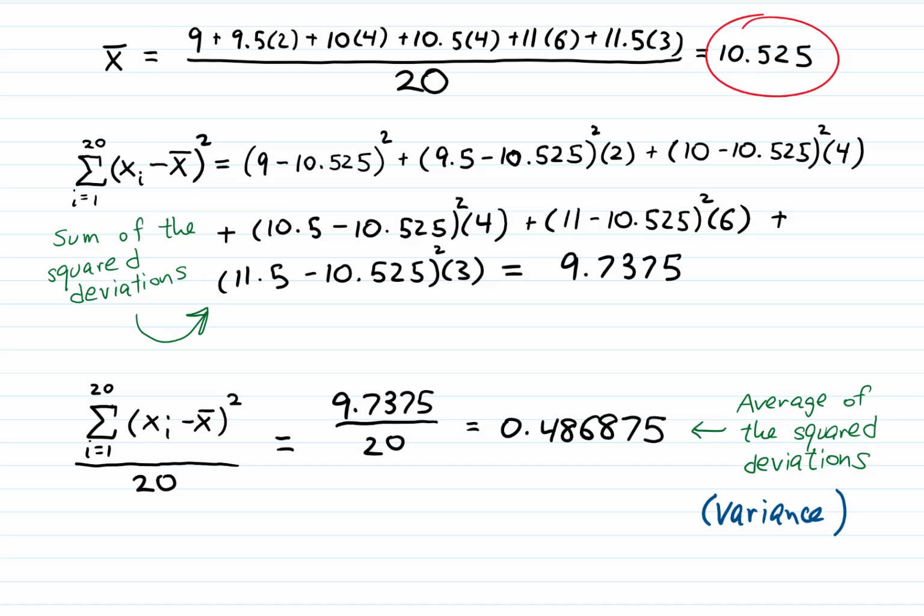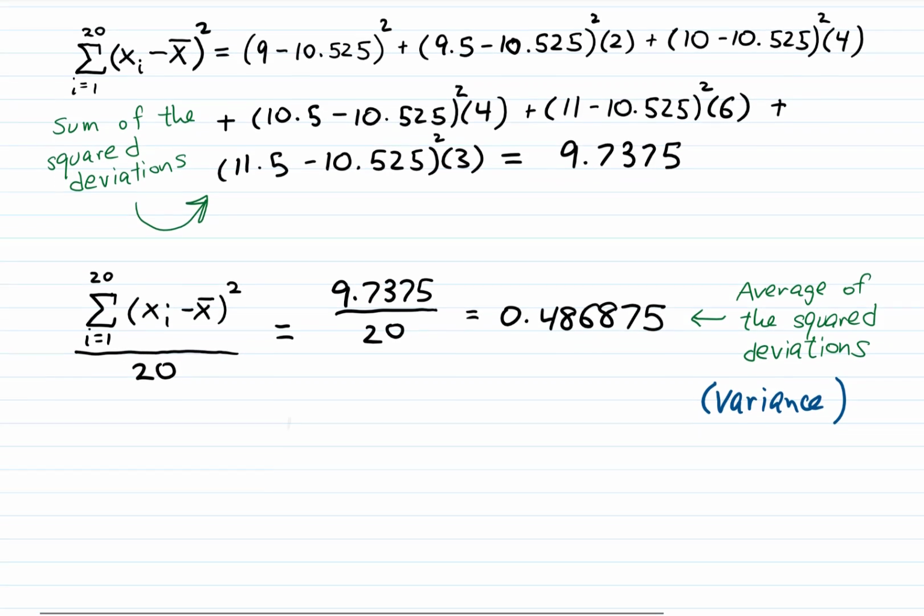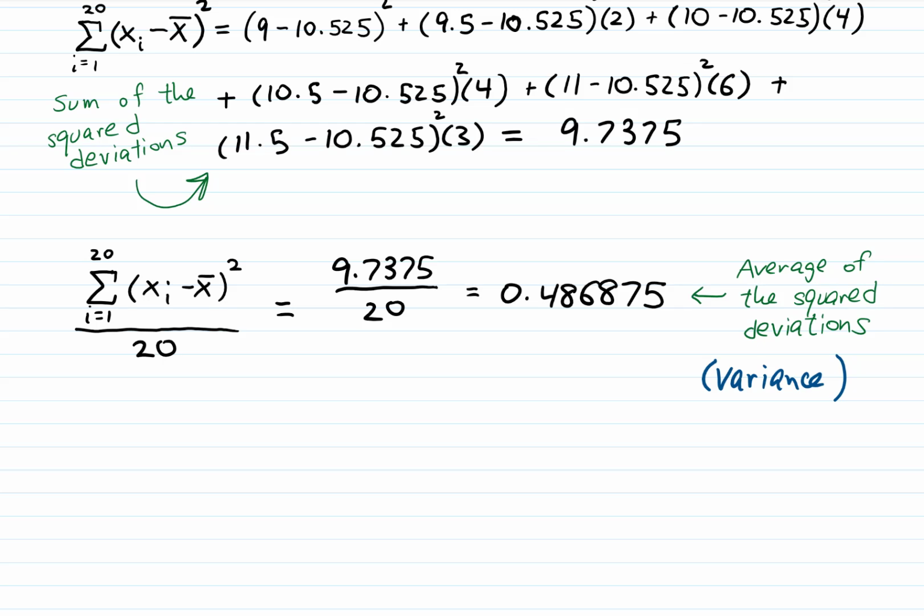Okay? But now let's go back and deal with that problem. When I squared all the numbers, which I did in order to make them positive, so the positives and negatives won't cancel out, another thing that did was it made the numbers a different size, right? When you square something, not only does it make it positive, but it actually makes it a different size. I would like to try to counteract that size change as best I can. So what we're going to do is take the square root of that whole thing.